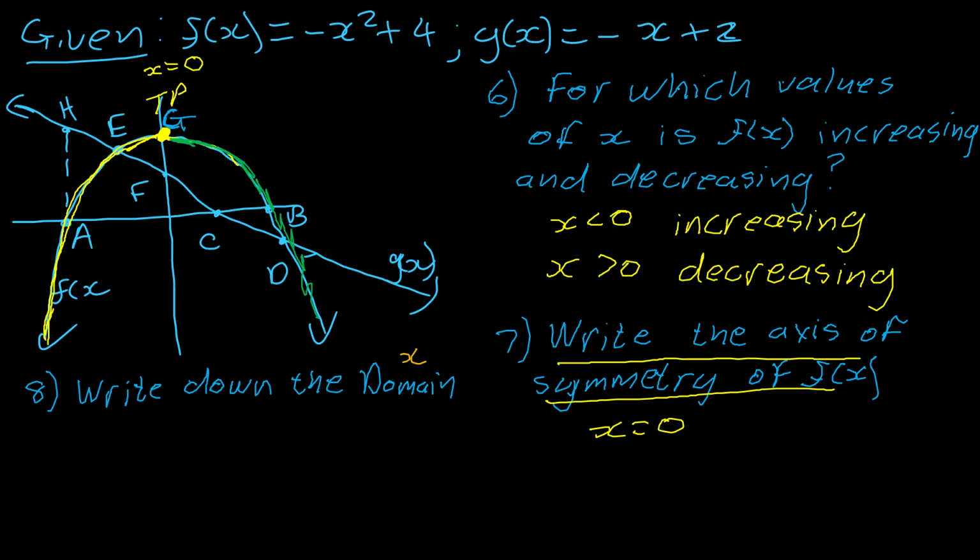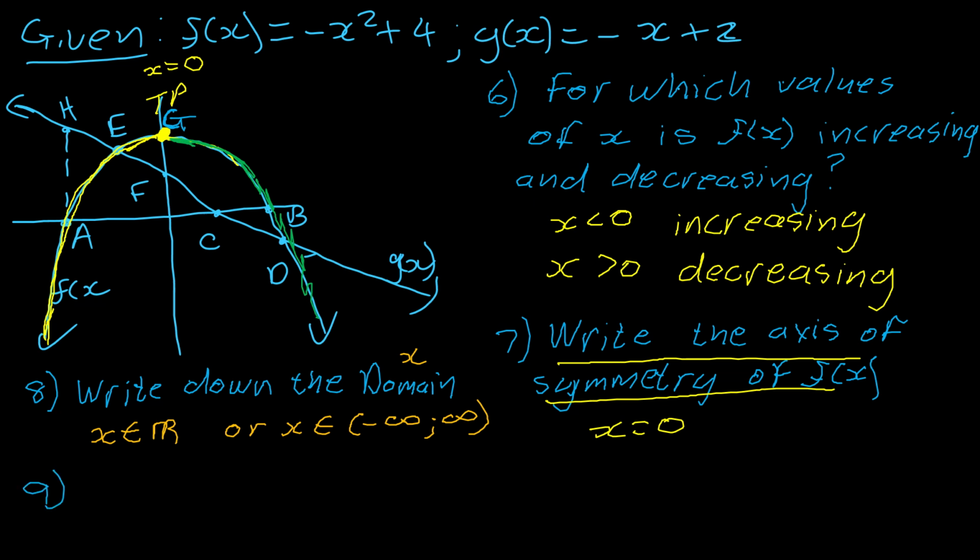Now, for the straight line and the parabola, the domain will always be an element of all the real numbers. So you can just say x is an element of the real numbers, or you can write down x is an element of minus infinity to infinity. Also remember that this will depend on whether we give you some restrictions, but typically we won't give you any restrictions. So the domain for the parabola and the straight line would just be x is an element of all the real numbers.